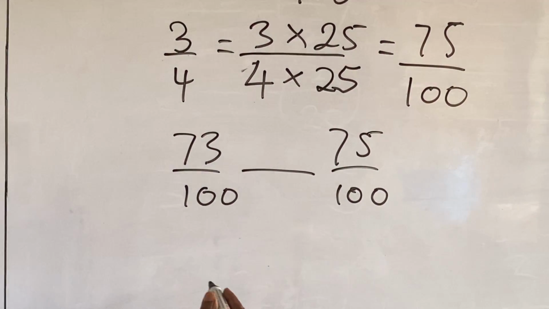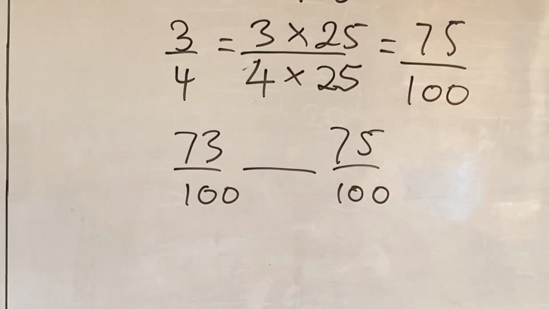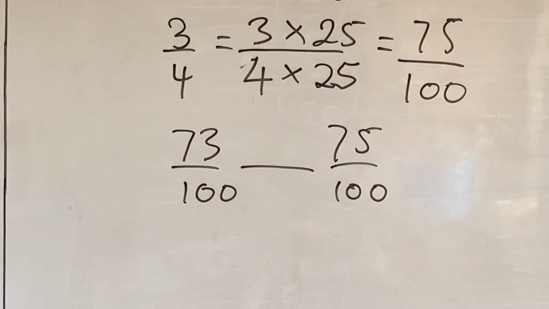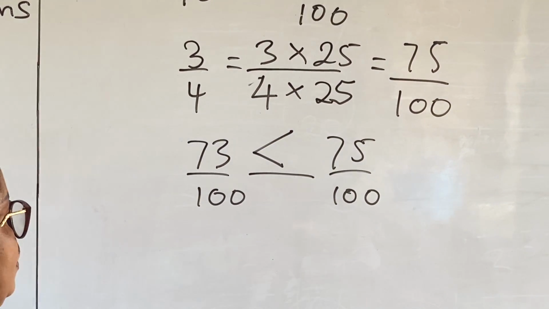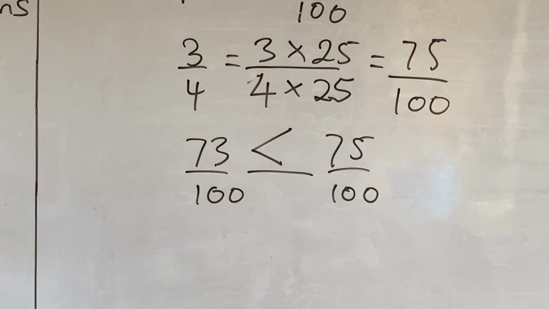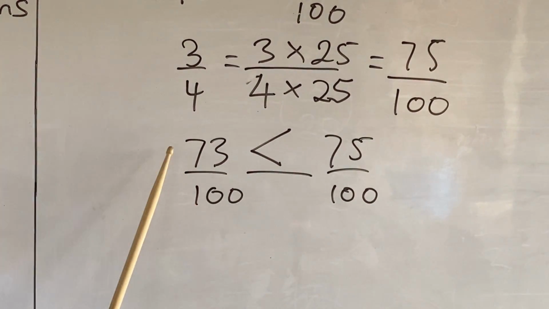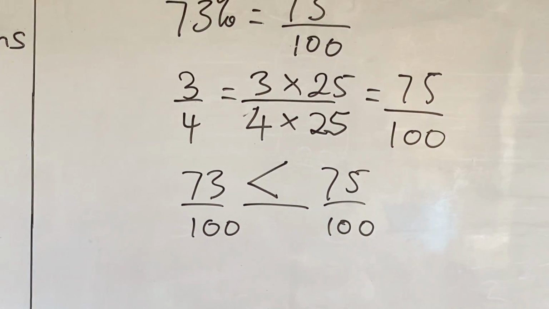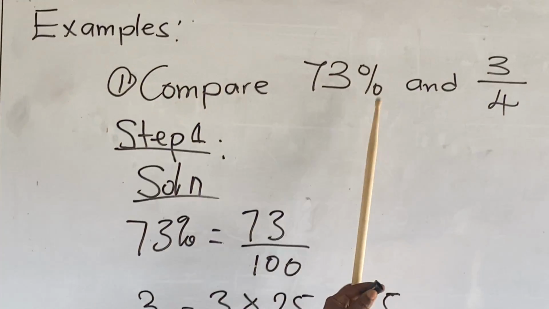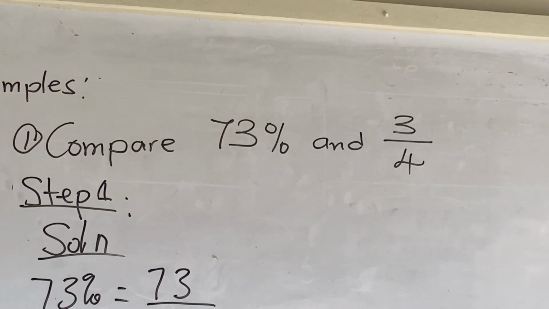It is 75. And as I said earlier, the open end faces the bigger number. So you put in your arrow. Now, we are not done yet. We are not comparing 73 over 100 and 75 over 100. The question was 73% and 3/4.